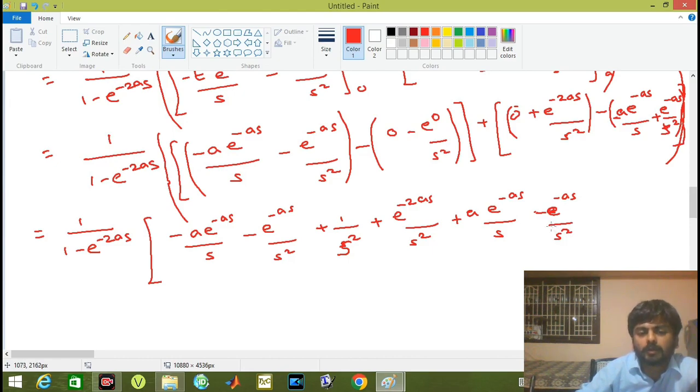Okay, so you have to check whether we are getting all the things correctly or not. So how to confirm that? We have to get the terms cancelled. Only then can we confirm. So here you have a e power minus as by s. Here you have a e power minus as by s.